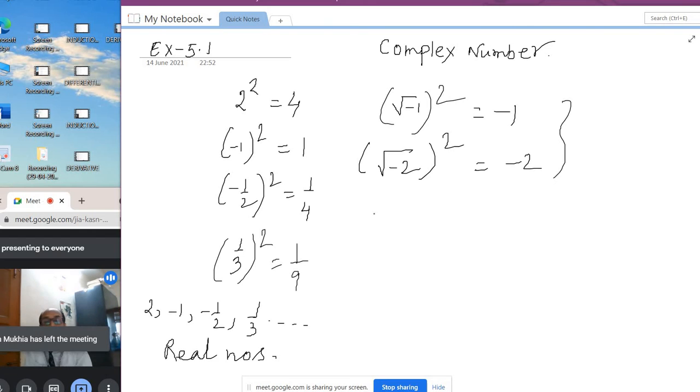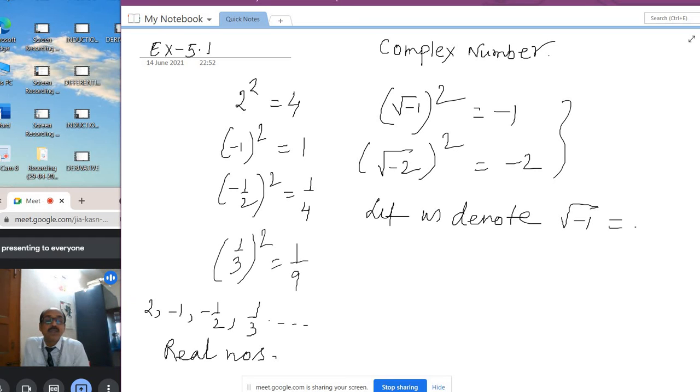Okay, and let us denote under root -1 equal to i. i means iota. So under root -1 equals small letter i. So under root of any negative number is called a complex number.